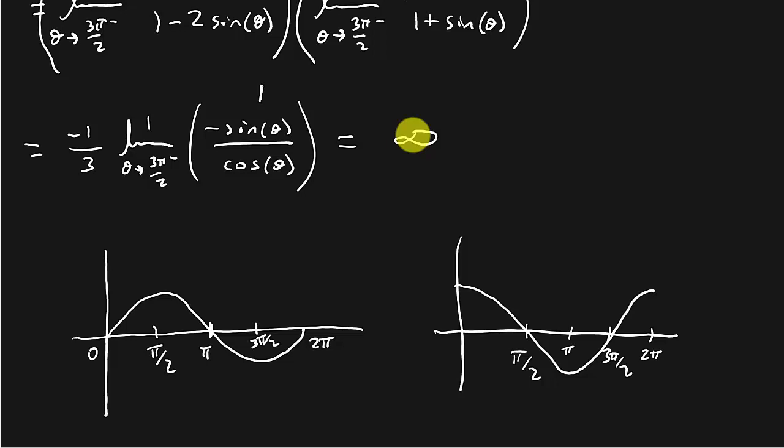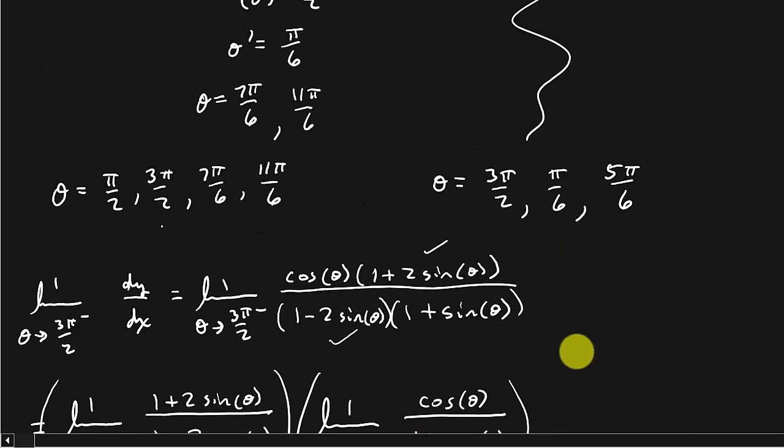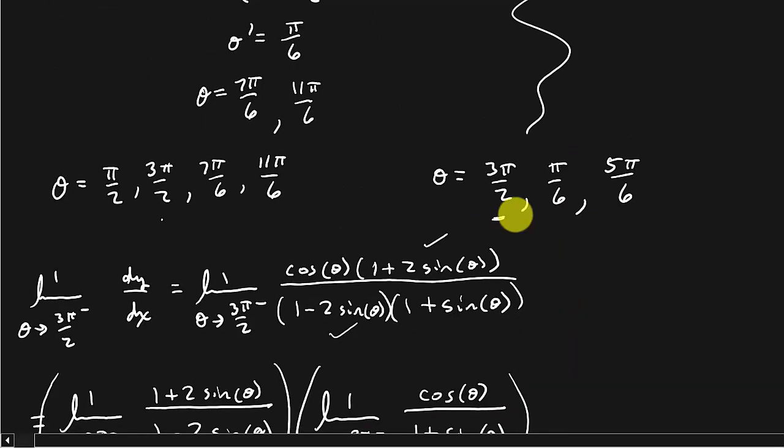That means we must have a vertical tangent line at 3π/2. We don't have a horizontal tangent line at 3π/2. We've got a vertical tangent line at 3π/2.